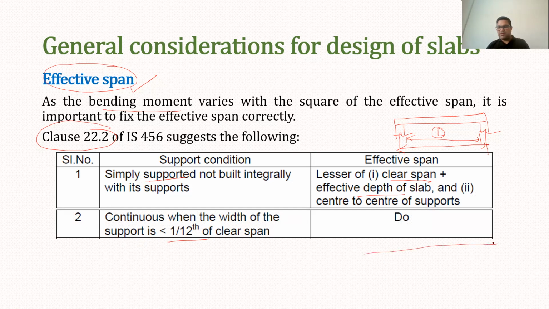So for example, if we have a continuous slab, say like this, and if it is supporting like this, and it says if the width of support is less than 1/12 of the clear span, we know that this is the clear span L. If this width is less than 1/12 of clear span, then we will apply the same rule as we have applied in case 1. So this is what IS code have suggested.